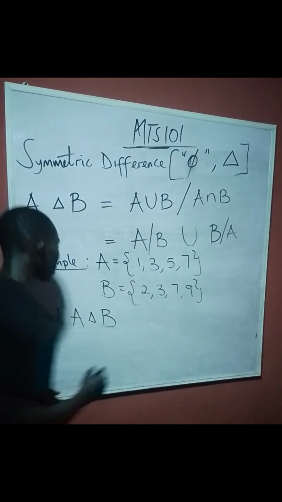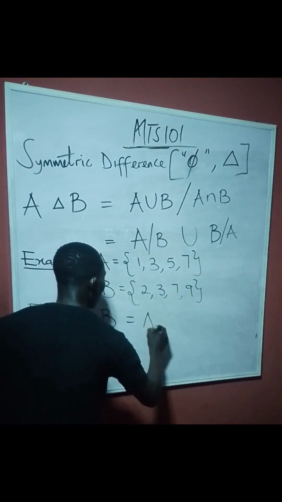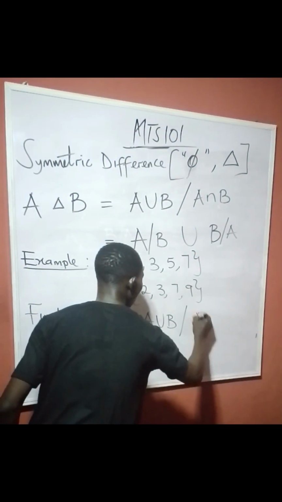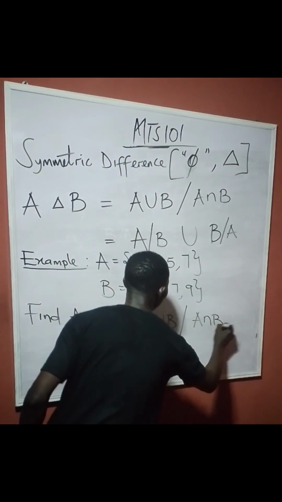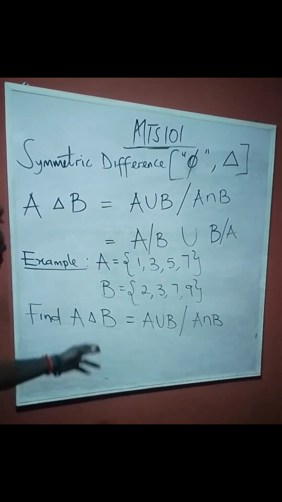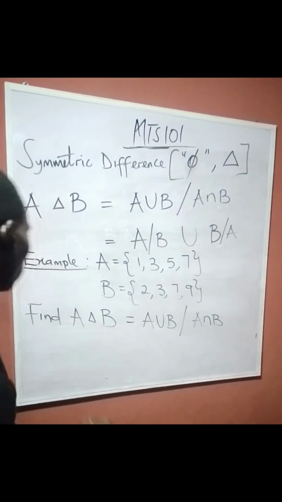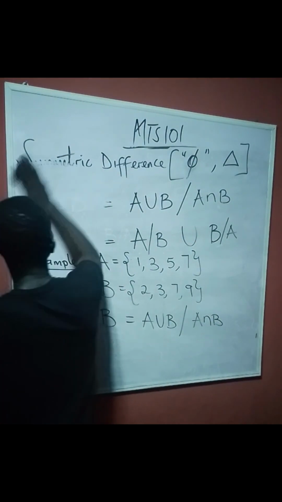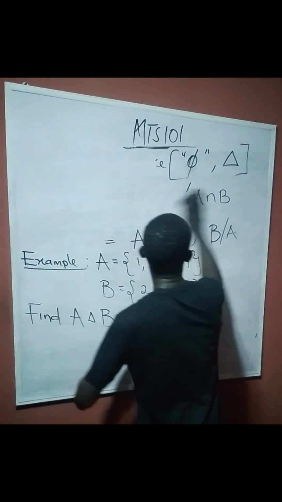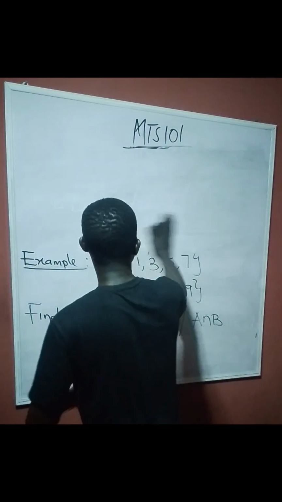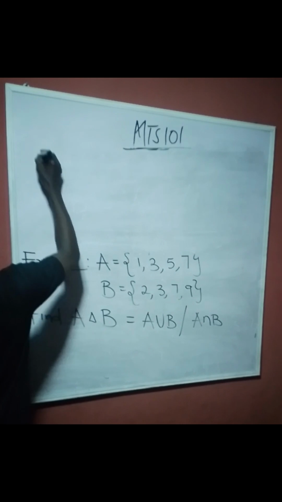Now, which of the approaches should we start with? Let's start with the first one. We say that this is equal to A union B difference A intersection B. Now let's start with what? Finding the union. Now let's start.